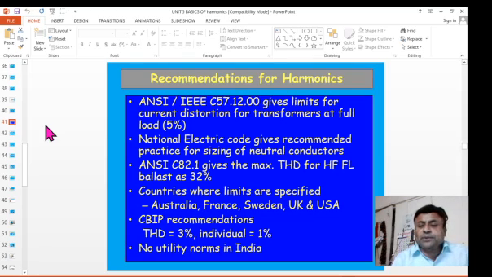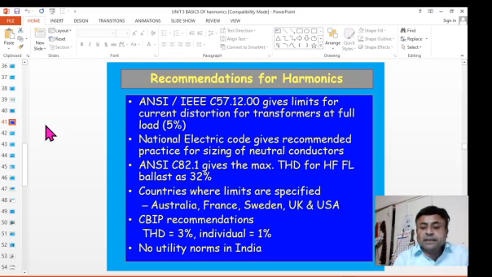The National Electric Code gives the recommended practice for sizing neutral conductors. NCC 82.1 gives maximum THD for HF FL ballast as 32%. So these are certain recommendations for permissible limits.